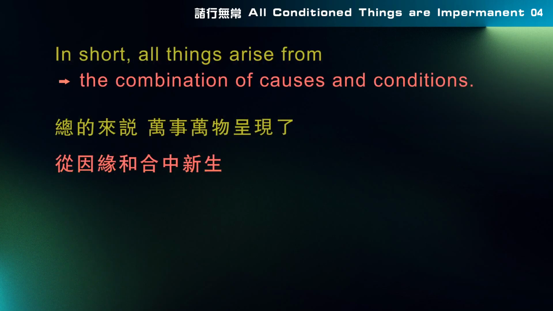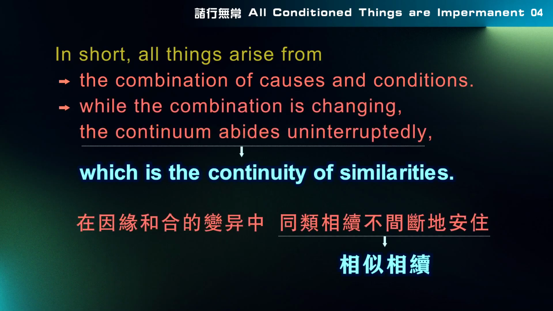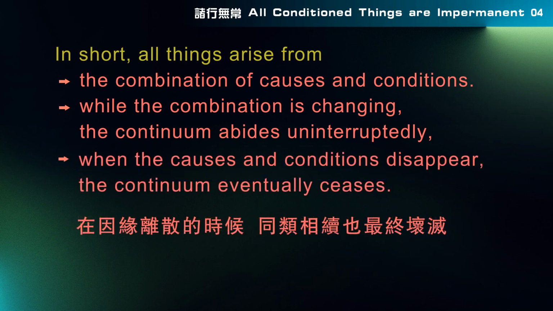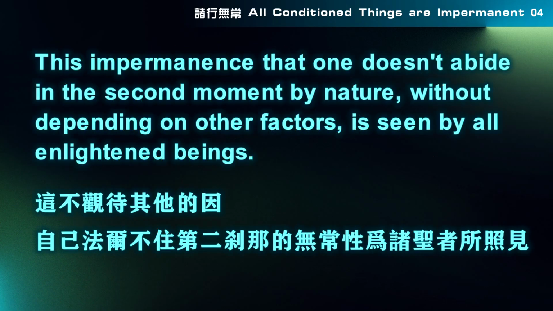In short, all things arise from the combination of causes and conditions. While the combination is changing, the continuum abides uninterruptedly, which is the continuity of similarities. When the causes and conditions disappear, the continuum eventually ceases. This impermanence that one doesn't abide in the second moment by nature, without depending on other factors, is seen by all enlightened beings.